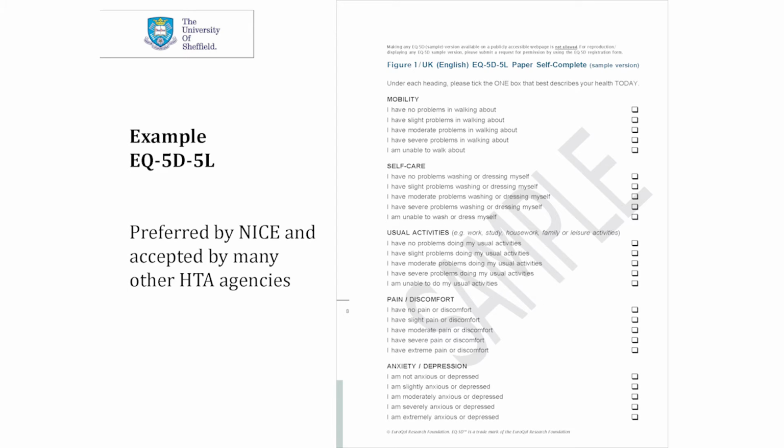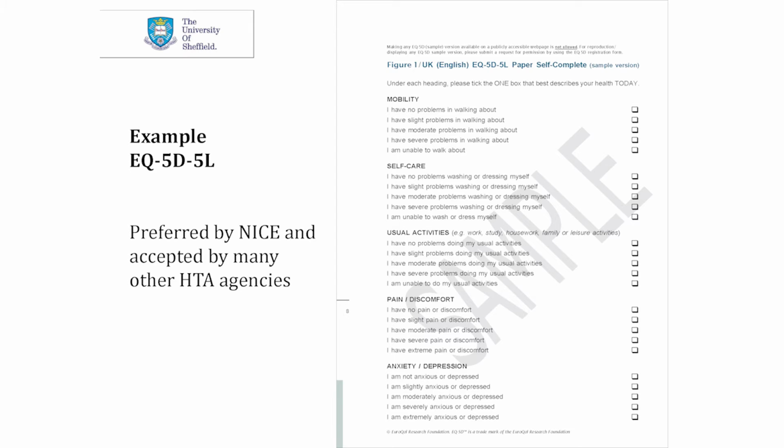So the best known instrument, or one of the most widely used instruments for doing this, is called the EQ-HWB, which I'm guessing many of you have come across. And the EQ-HWB is a simple questionnaire that can be completed by patients or indeed by anybody.